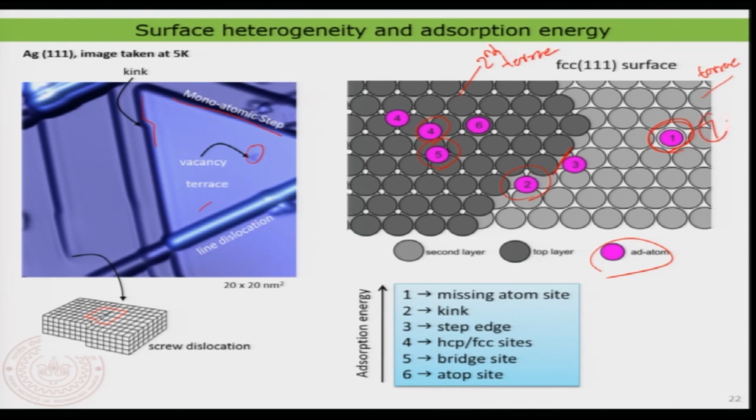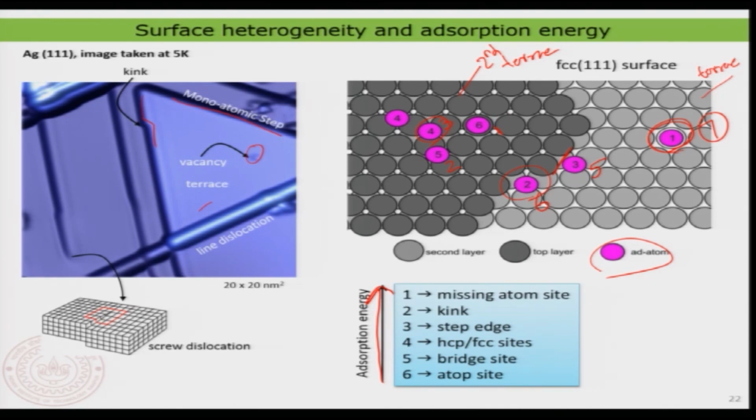So, the coordination is 7 here, and if you take the kink atom, this has a coordination of 6, the step edge has a coordination of 5, the HCP site has a coordination of 3, and a top site has just 1 coordination. So, that means the adsorption energy is increasing as a function of the number of coordination that the atom would get, right.